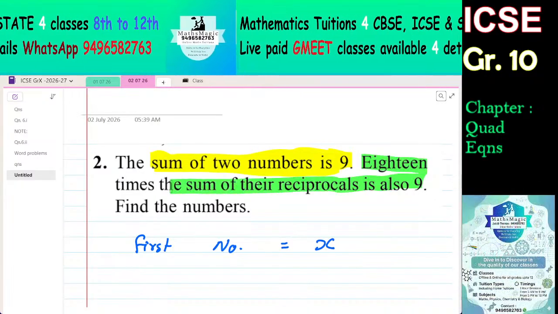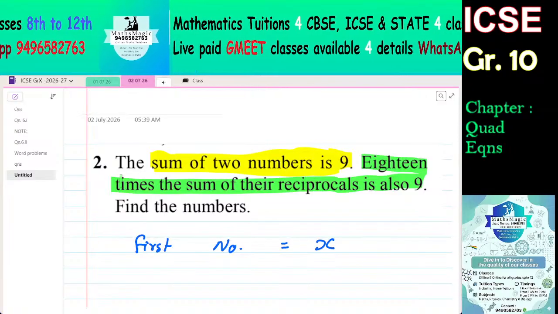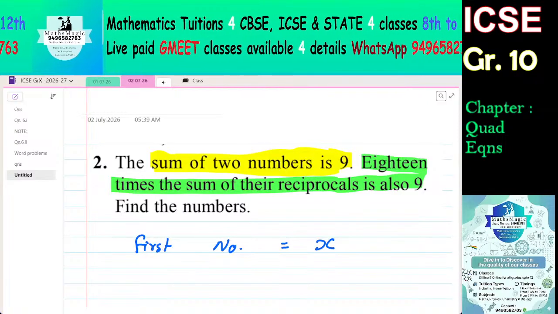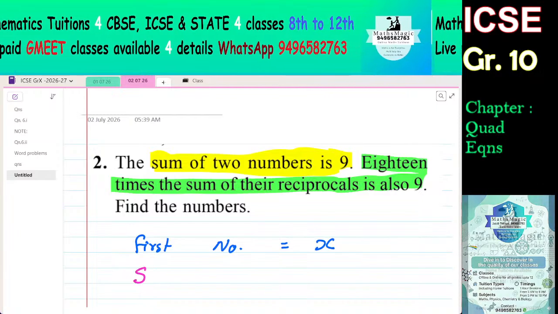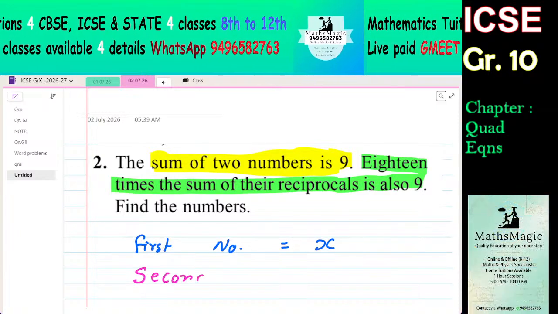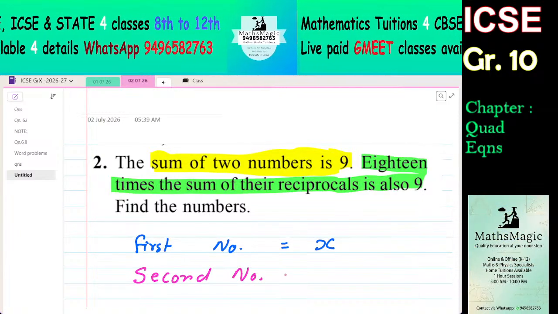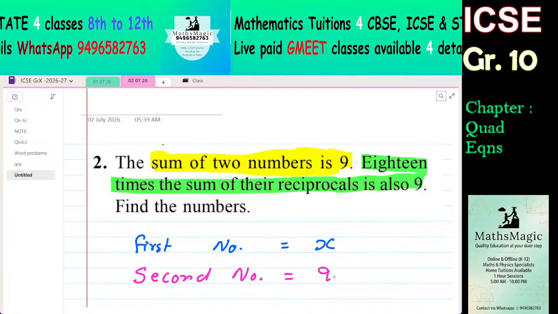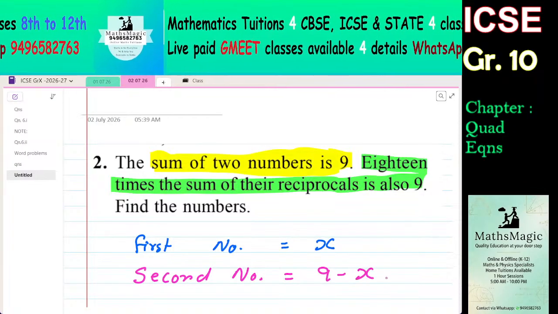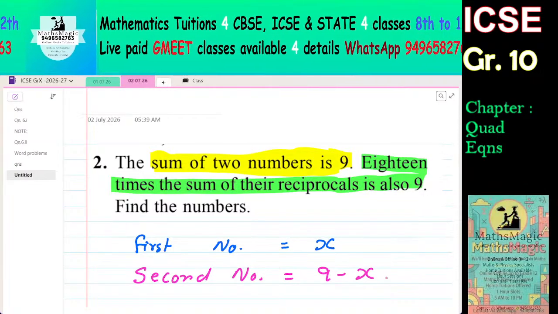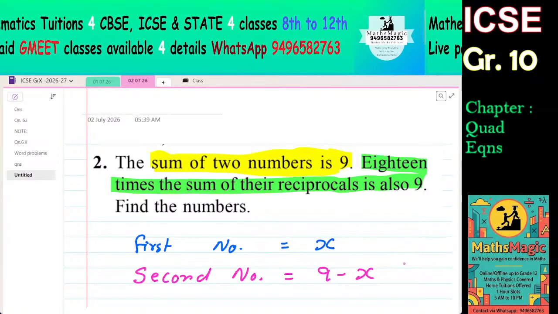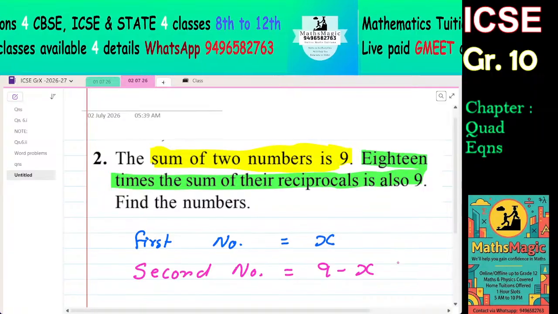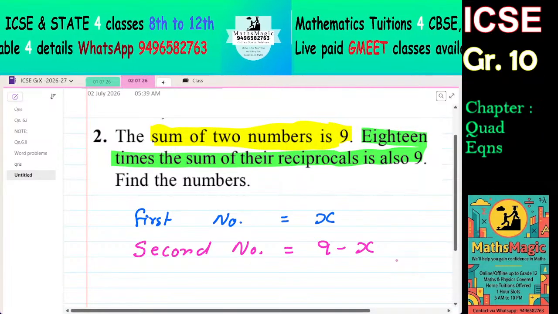This is the second condition. So from the first condition, if you want the sum of two numbers to be 9, we have only one option: the next number should be 9 minus x. Is it okay? It's a very simple, straightforward thought.